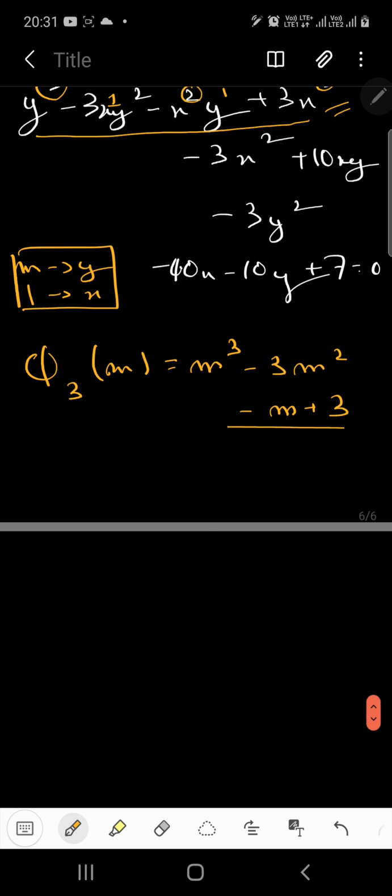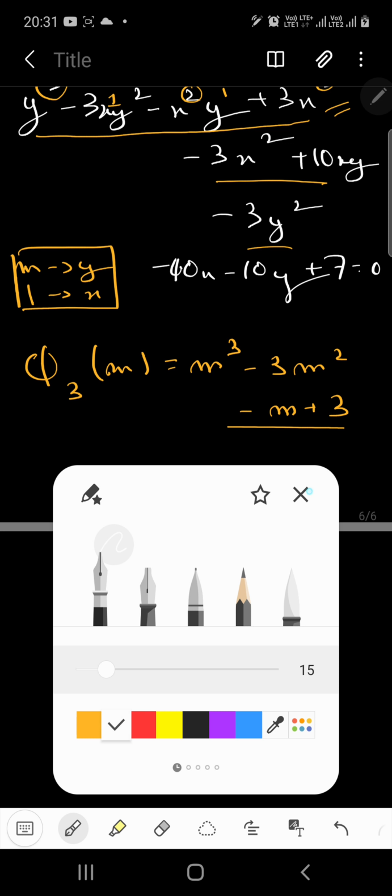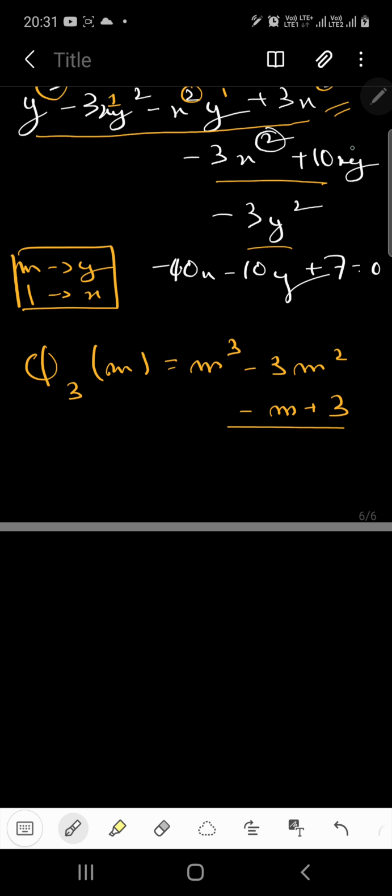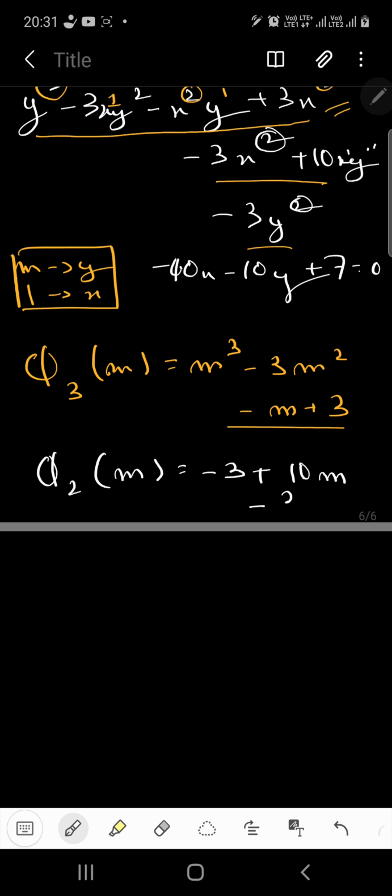Then you have one more part, this particular portion, which has all powers of 2. This is 2, this is 1 plus 1, and this also is 2. So you have one more, phi 2 of m, which gives you minus 3 plus 10m minus 3m square.